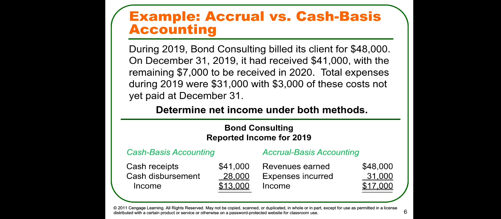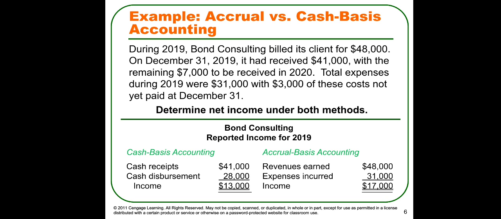Like this one, the business has sent the bill to clients, 48,000. So it means that the business has provided $48,000 of services to clients. On December 31st, 2019, it had received 41,000, with the remaining 7,000 to be received in 2020. So services provided are 48,000, but the business received cash of only 41,000.